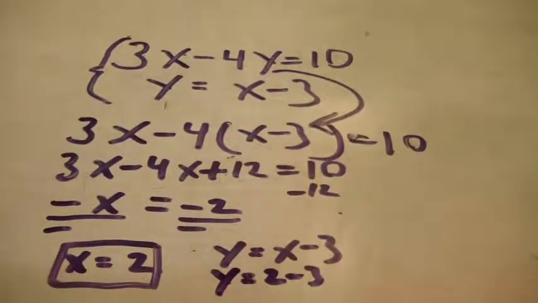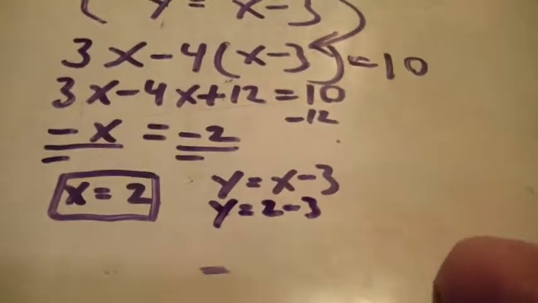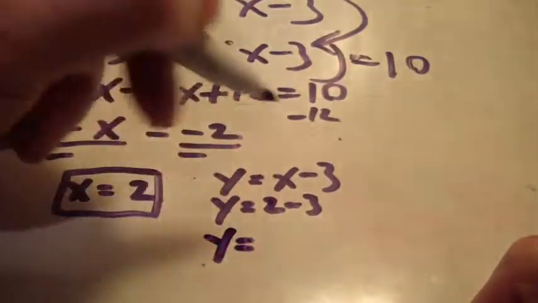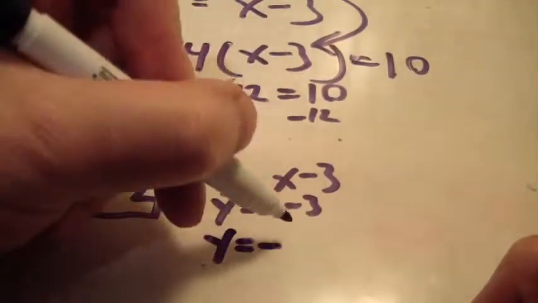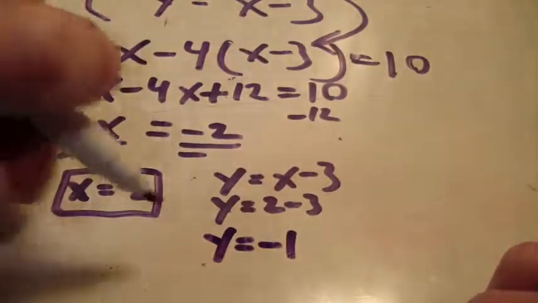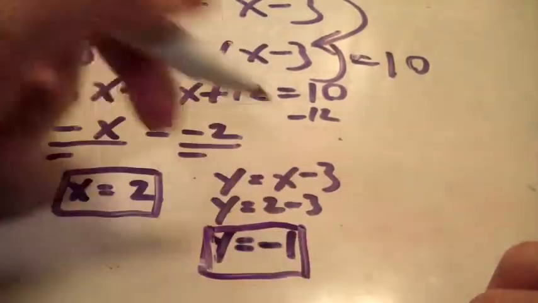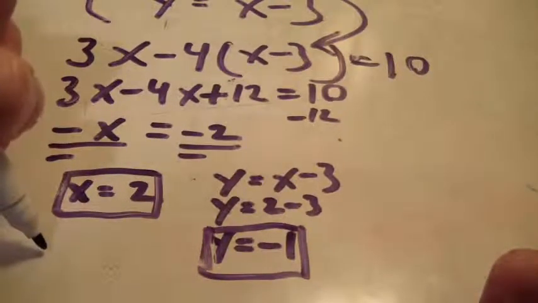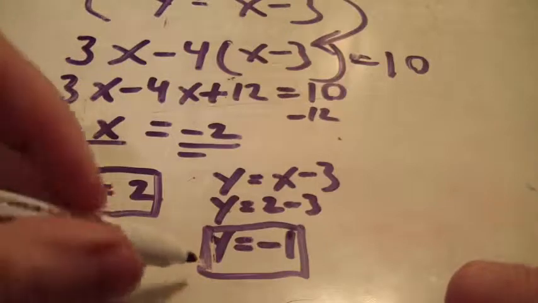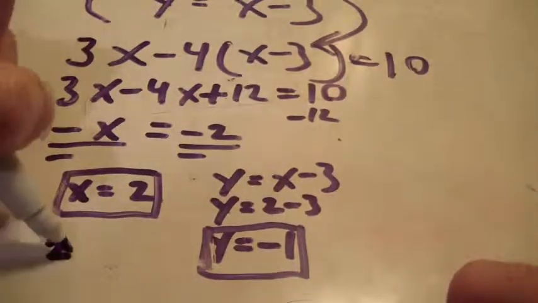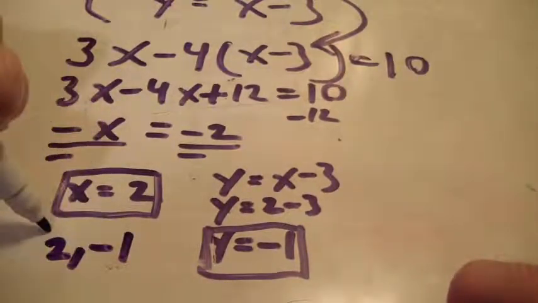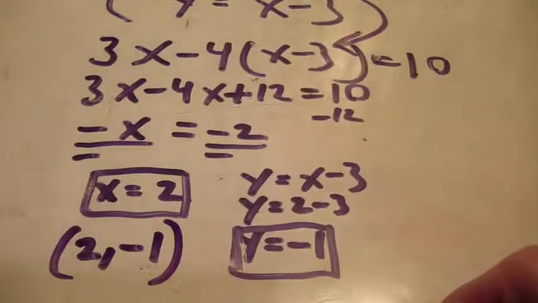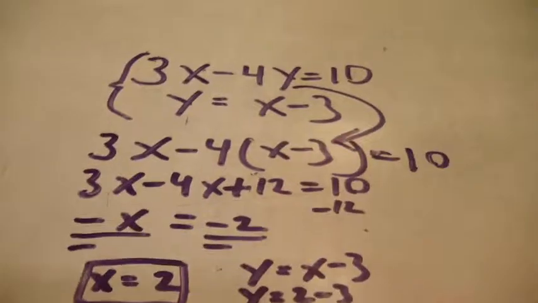And that tells us that y now equals negative 1. So the way we would put that is x equals 2, y equals negative 1, or you can write it as the ordered pair 2, negative 1. Pretty cool, huh? Pretty nifty.